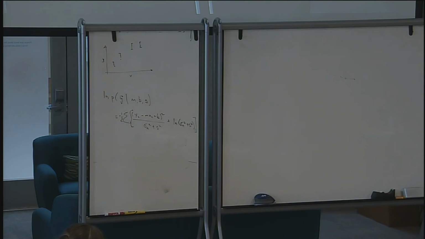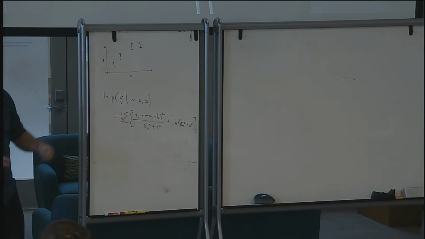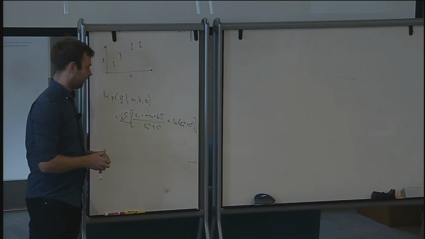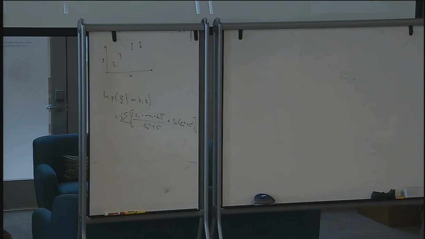Now, you should definitely use an optimizer, not sampling, if all you care about is the best values of these parameters under some definition, like the maximum likelihood or the maximum a posteriori. Now, sampling becomes relevant when, for the abstract of our paper, we don't just want the best number, we want some uncertainty on our fits.